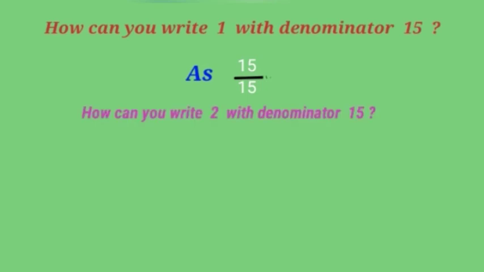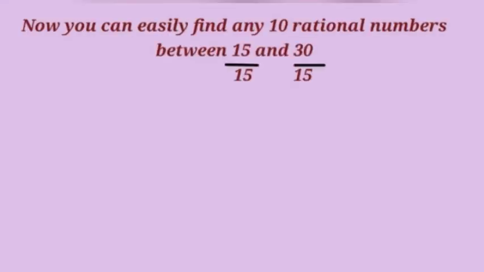How can you write 2 with denominator 15? As 30 by 15. 30 by 15 means 2. Now you can easily find any 10 rational numbers between 15 by 15 and 30 by 15. What are they?